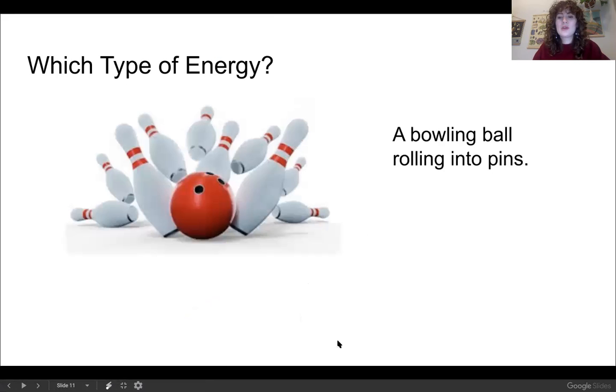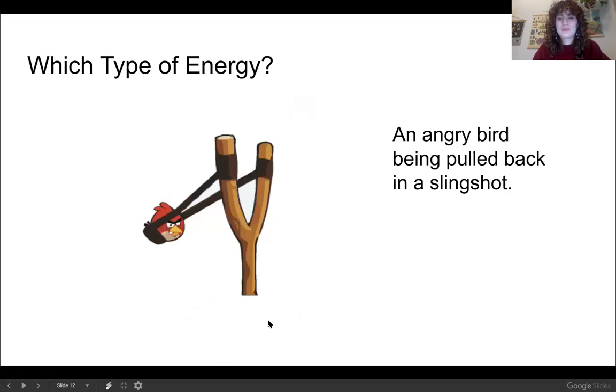A bowling ball rolling into pins. The answer here is kinetic energy because it's rolling. That's motion. An angry bird being pulled back in a slingshot. This one is elastic potential energy because it's being pulled back with a rubber band.